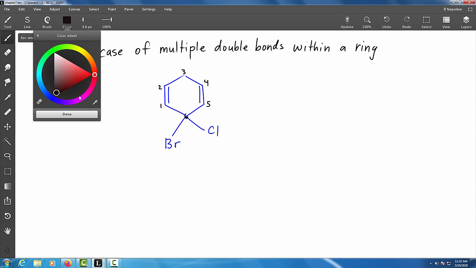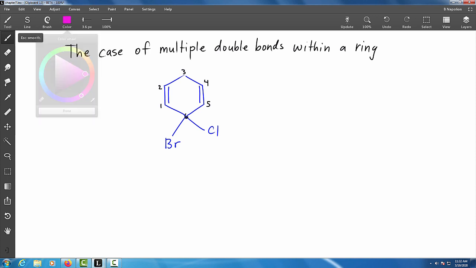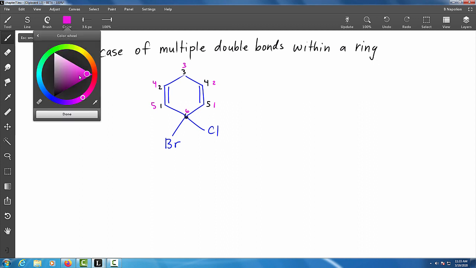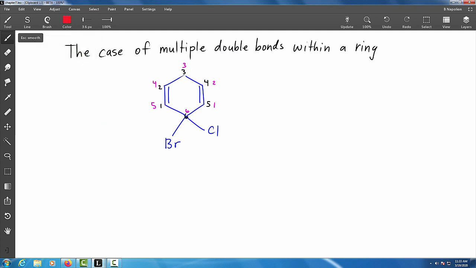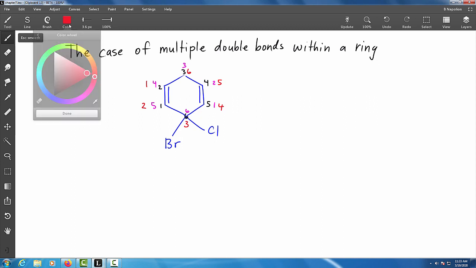And let's try this purple direction. 1, 2, 3, 4, 5, 6. We see that's actually the same as the black. Let's try the red direction. 1, 2, 3, 4, 5, 6. Okay. Seems like we are finding out something there.